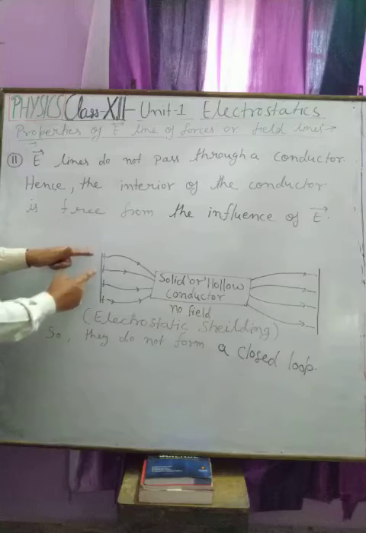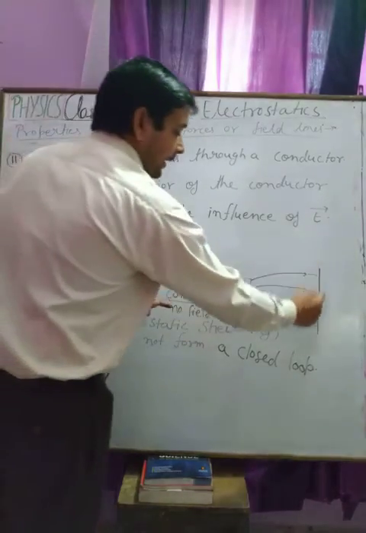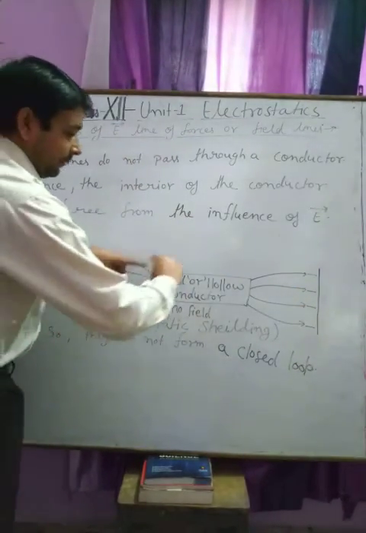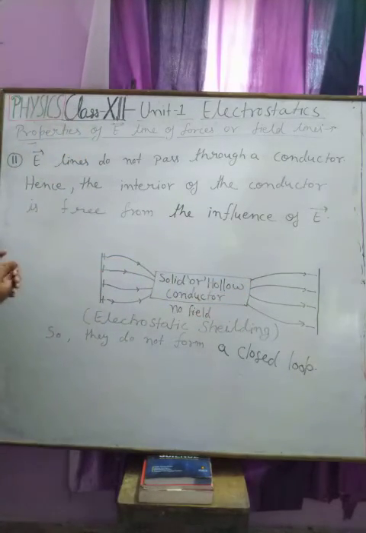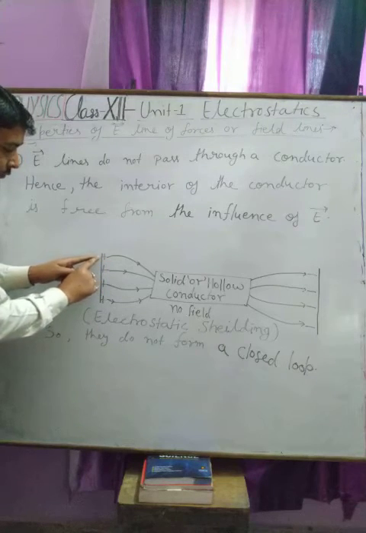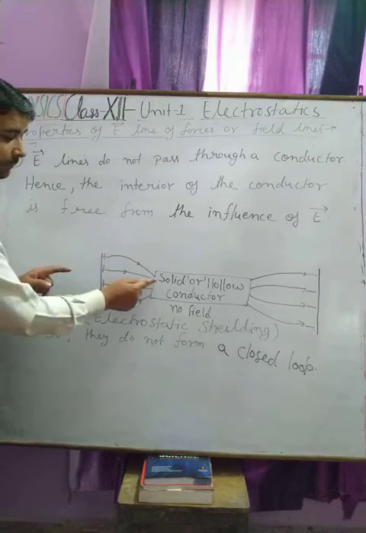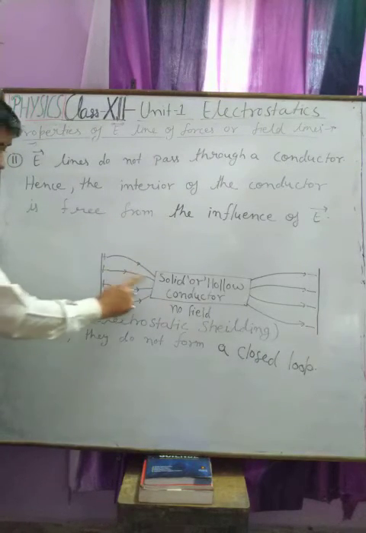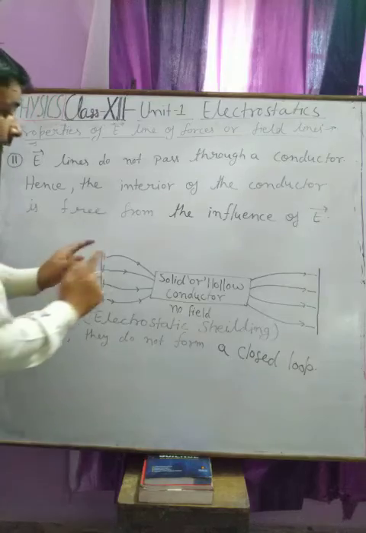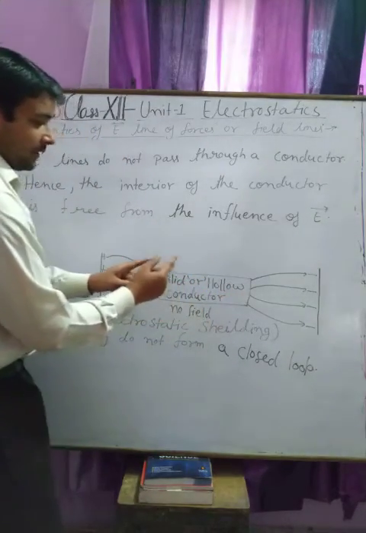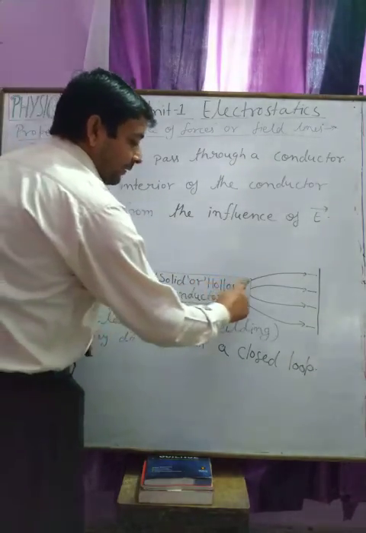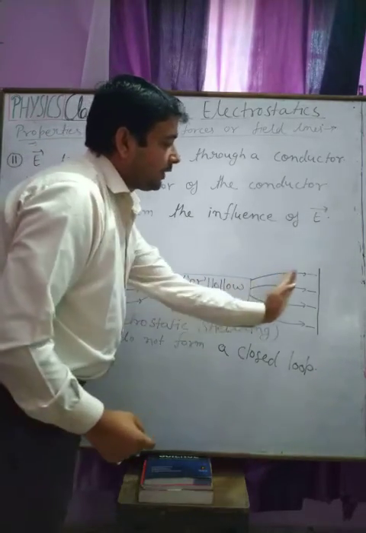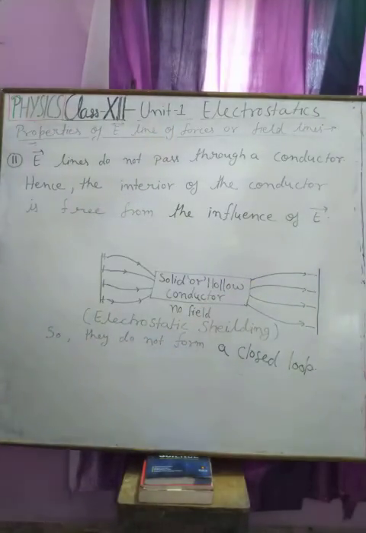We have a positive charge conductor and a negative charge conductor, and in between we place a solid or hollow conductor. We observe the electric field moves from the positive charge and terminates on the conductor, and on the other side of the conductor the electric field lines are produced and move to the negative charge conductor.